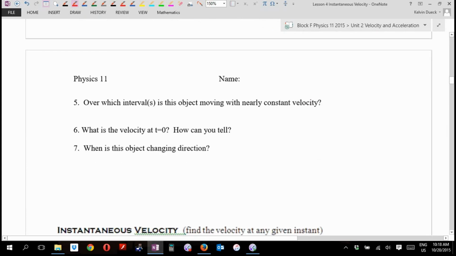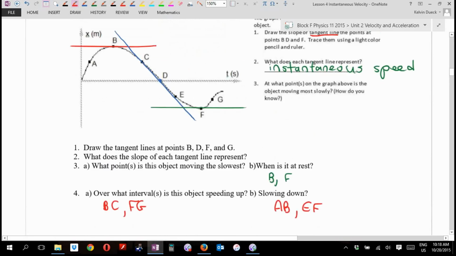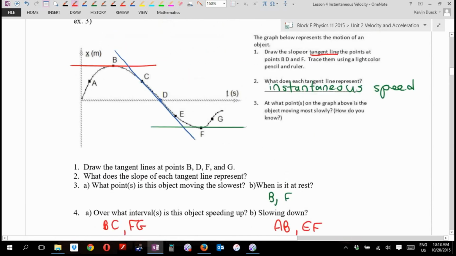Yeah. Quick look, bunny. Over which intervals is this object moving with a nearly constant velocity? So B, C, F, G, A, B, E, F. Hey, over which section is this thing moving with a nearly constant velocity?